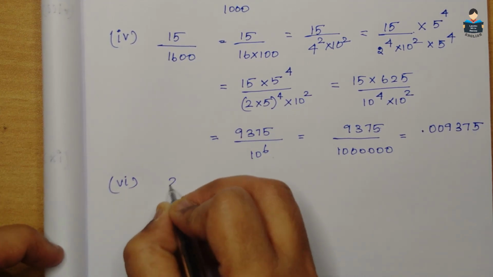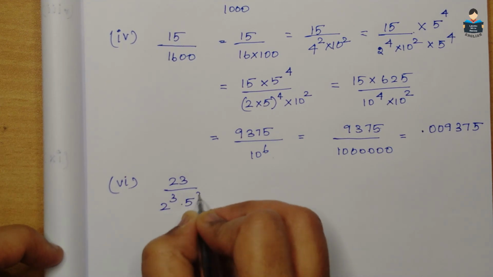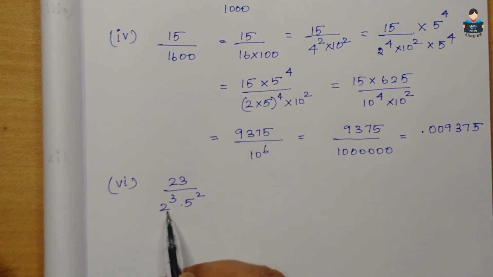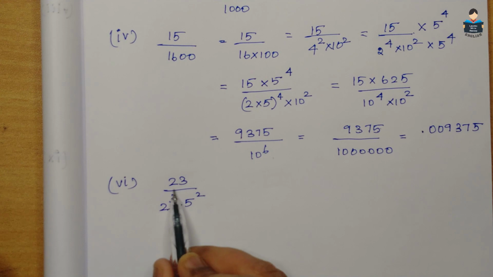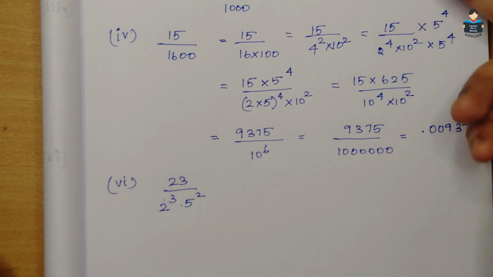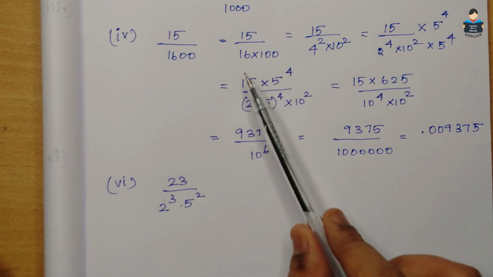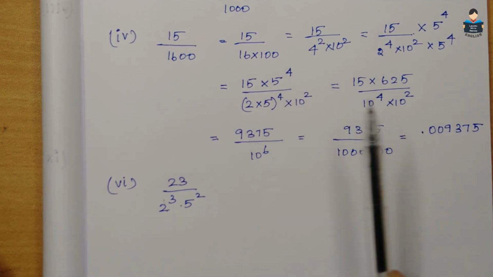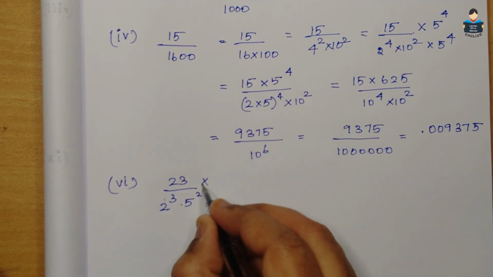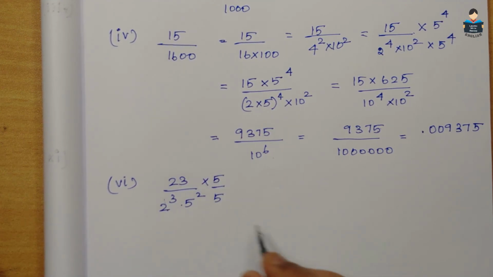The next sum is the 6th subdivision. They have given 23 by 2 cube into 5 square. So here for the 2 I have the power as 3, and for 5 I have the power as 2. In all these sums what we have done, we have made the power of 2 and 5 the same. So I am going to multiply the numerator and the denominator with 5.